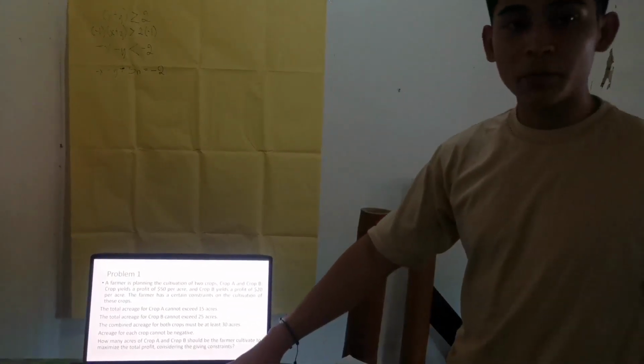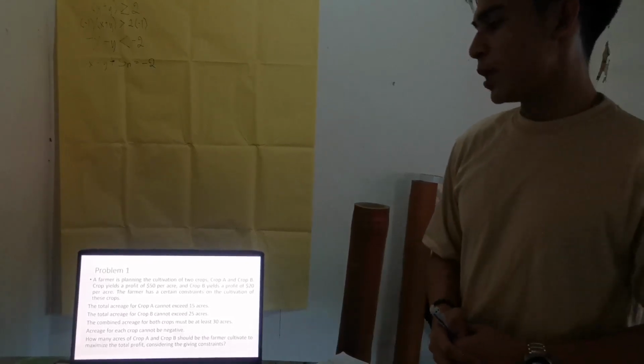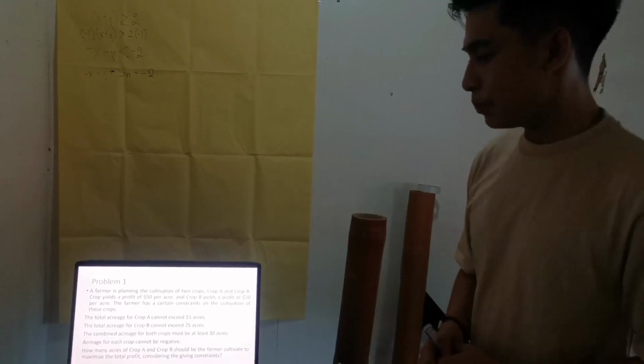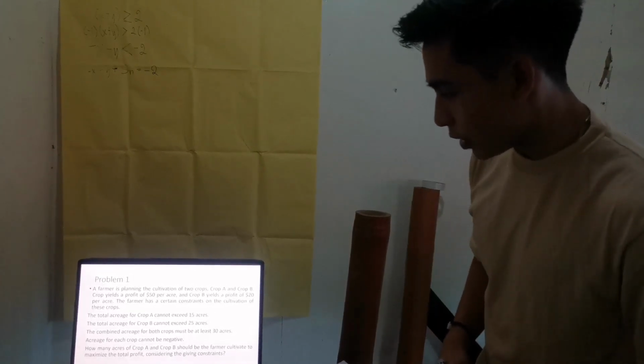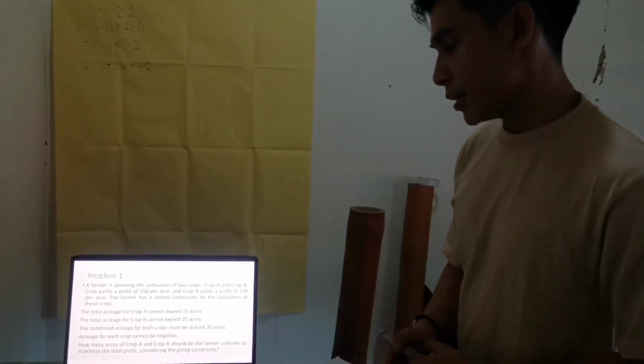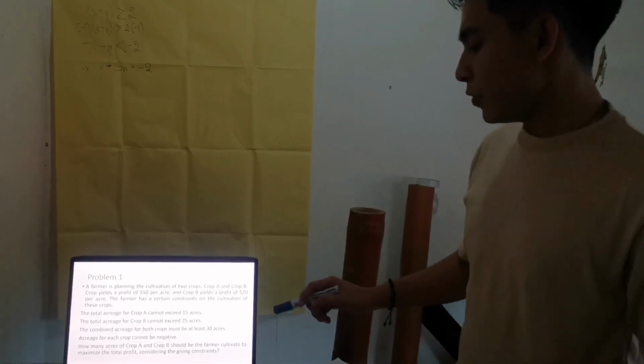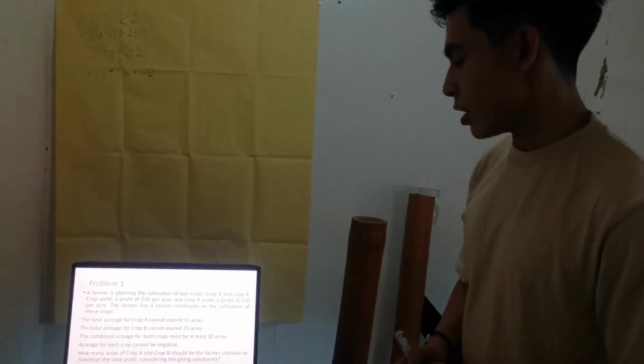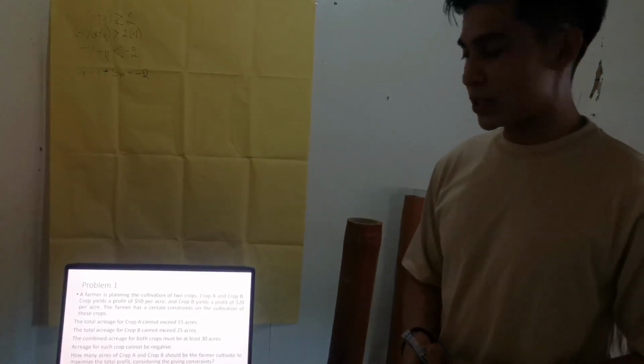Problem number 1. A farmer is planning the cultivation of two crops, crop A and crop B. Crop A yields a profit of $50 per acre and crop B yields a profit of $20 per acre. The farmer has certain constraints on the cultivation of these crops.